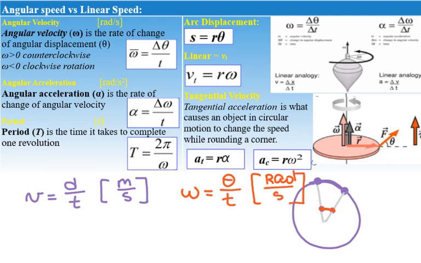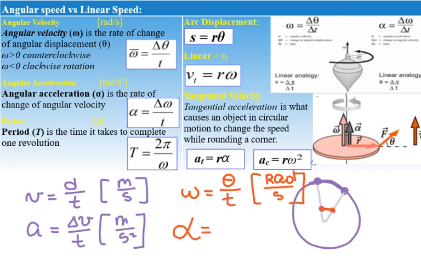Then for acceleration, we had before linear acceleration equal to the change of the velocity over the time, measured in meters per second squared. Then angular acceleration is going to be the letter alpha and equals the change of the angular velocity over the time, measured in radians per second squared.